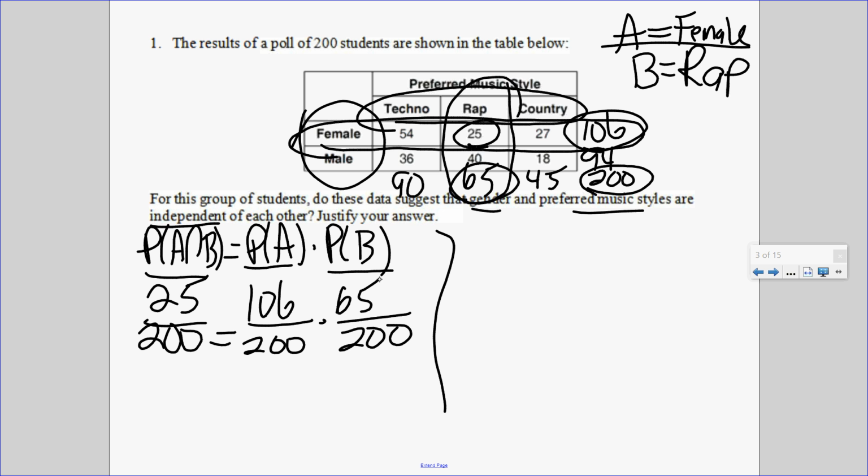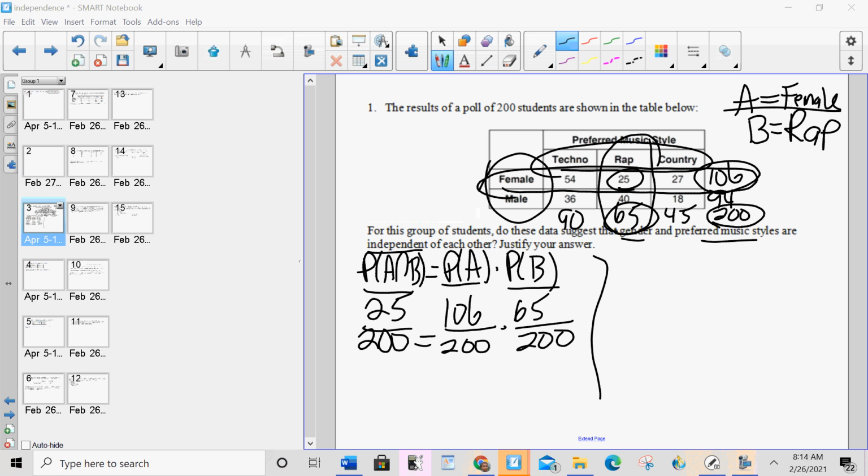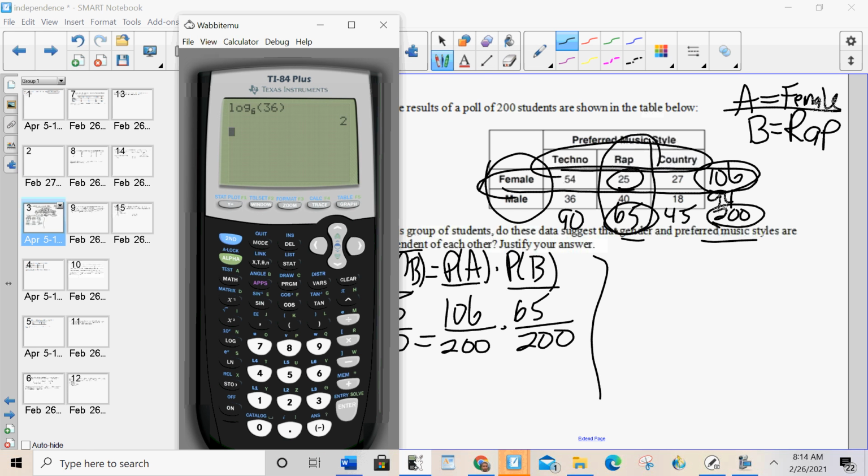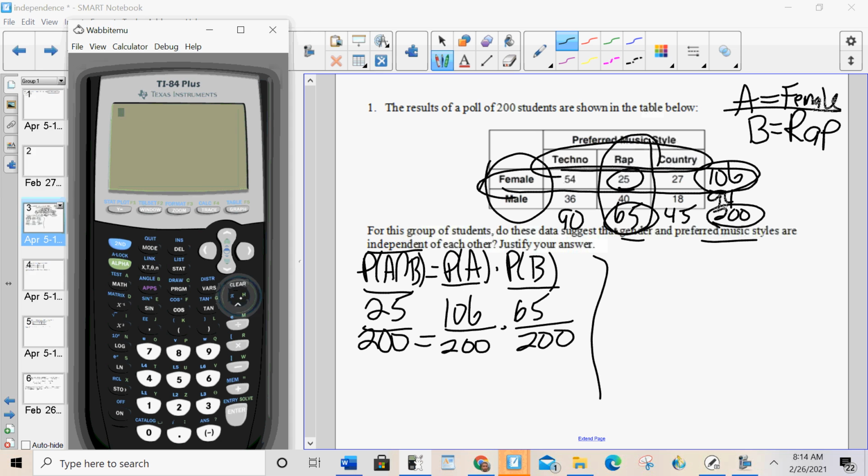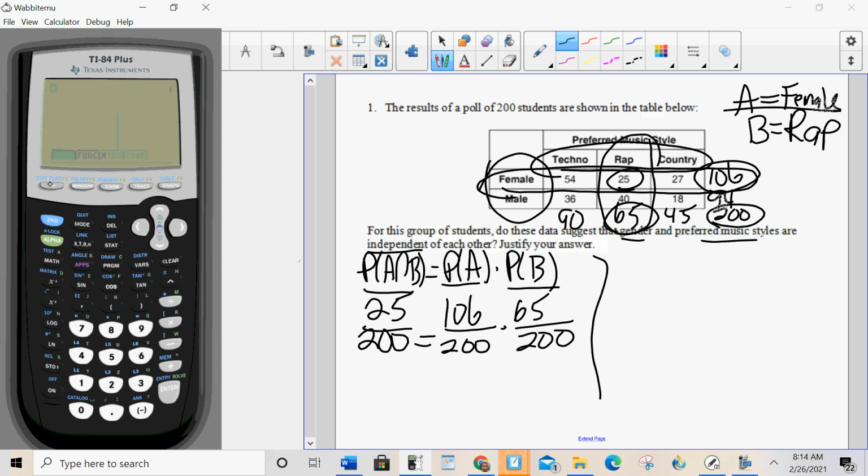So now we just need to see if this holds true. So we're going to go to our calculator. We're going to type in the left-hand side, and we're going to type in the right-hand side. So my left-hand side is 25 over 200. Alpha y equals enter, 25 over 200. This will basically let the calculator do the reducing for you, 1 over 8.